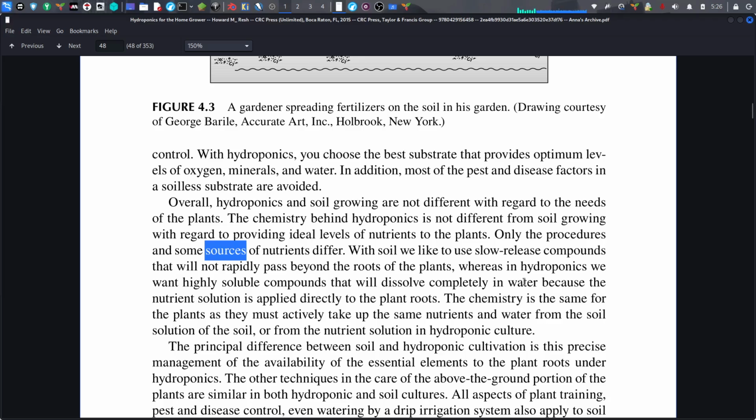The chemistry is the same for the plants as they must actively take up the same nutrients and water from the soil solution of the soil, or from the nutrient solution in hydroponic culture.